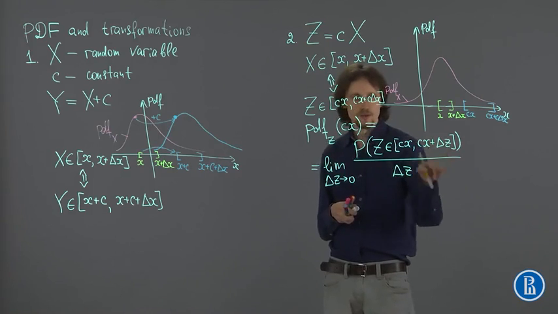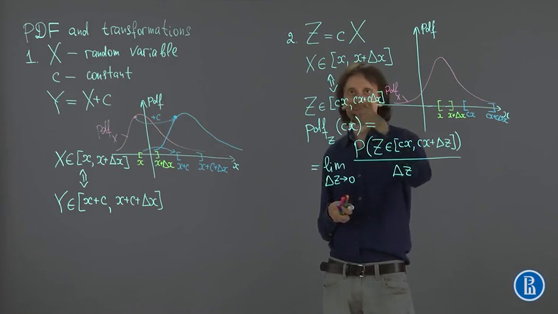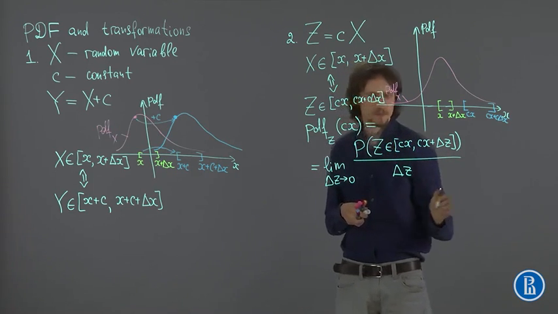And to connect this probability with the probability of this event, we have to put delta z equal to c delta x.